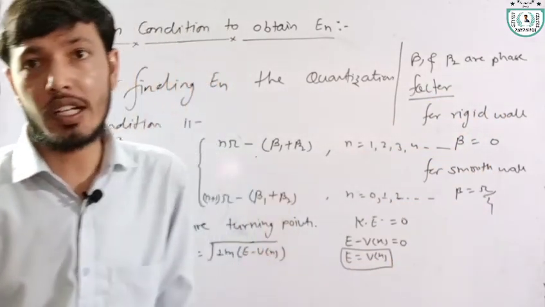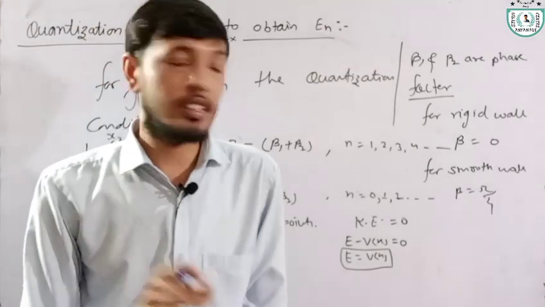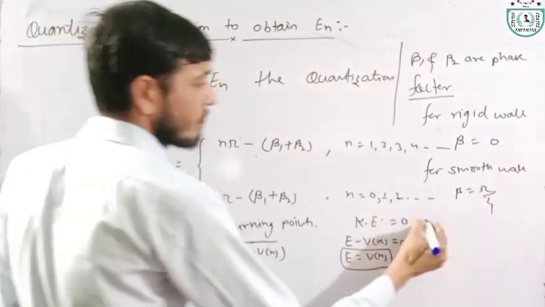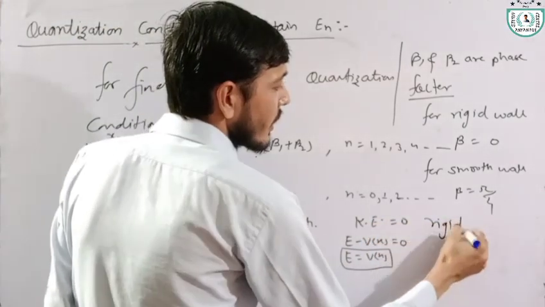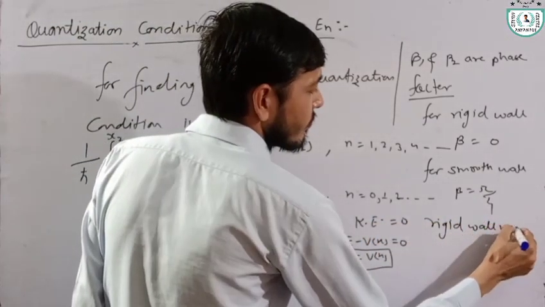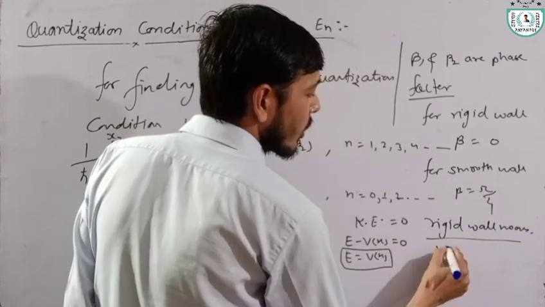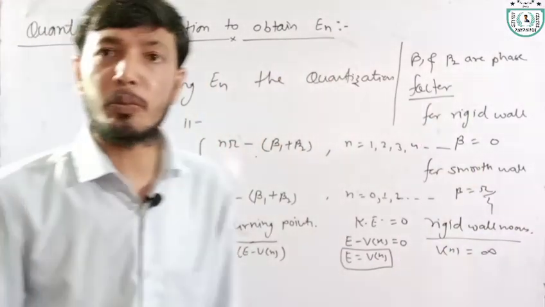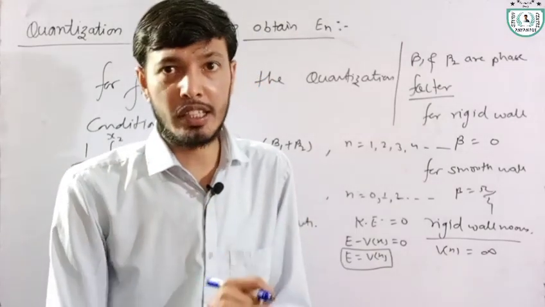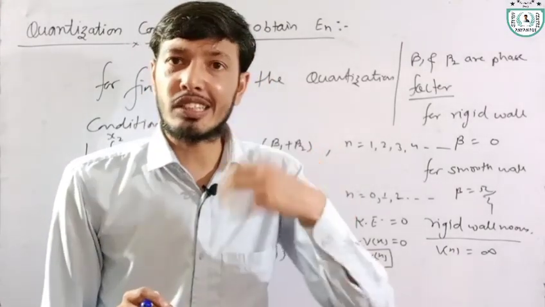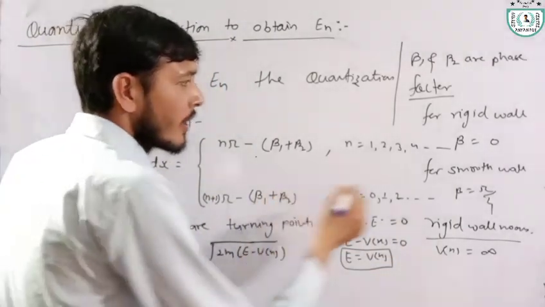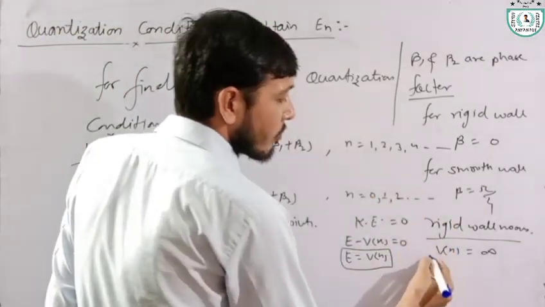What is a rigid wall and a smooth wall? Rigid wall means potential is equal to infinity. At that point, the potential is equal to infinity, and that is called a rigid wall. And what is a smooth wall?